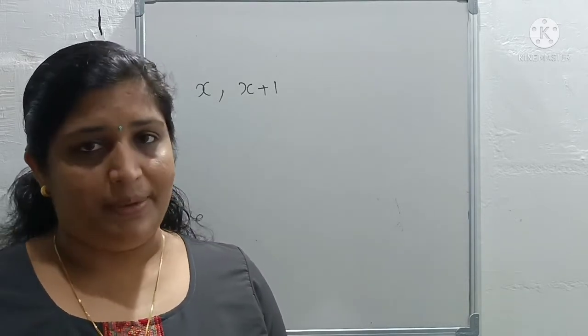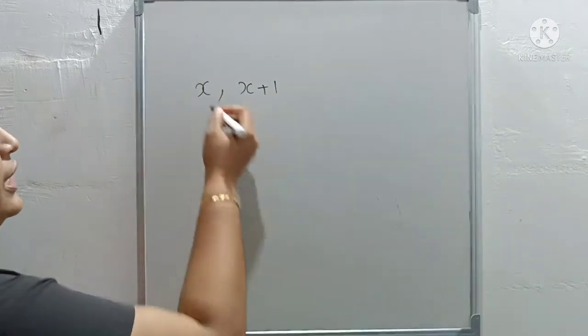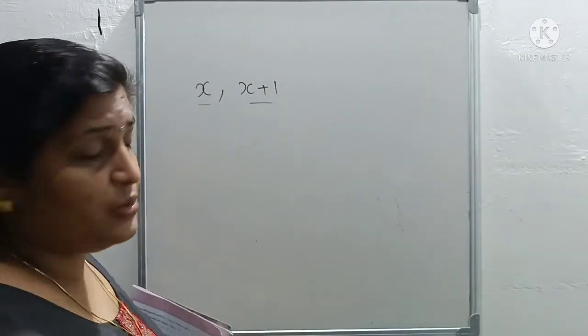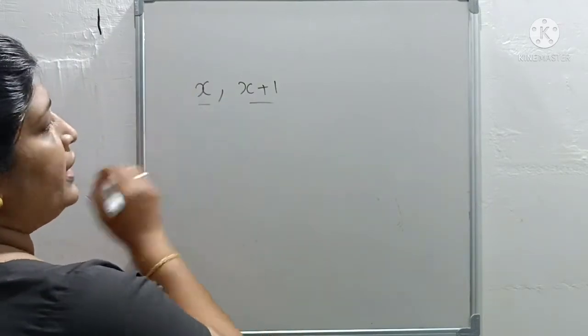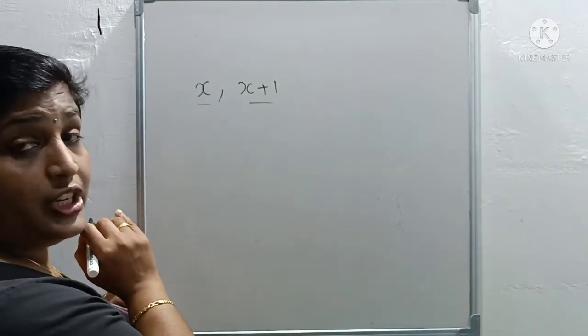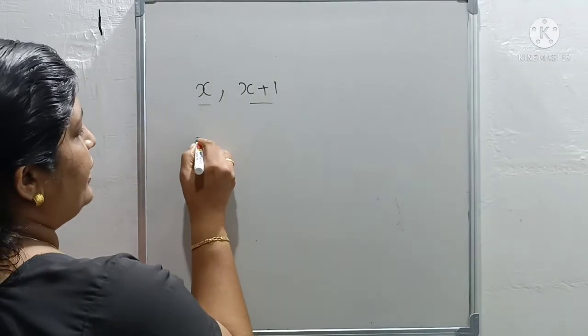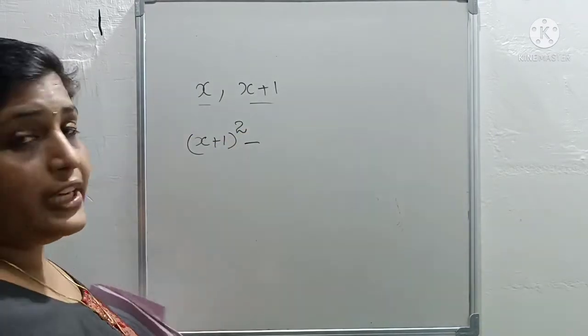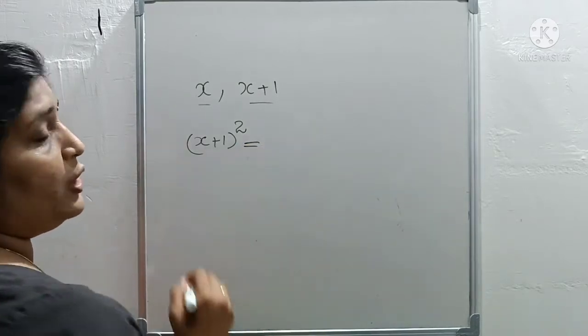So here we take two consecutive natural numbers, say x and x plus 1. Then what about the difference of their squares? For that, x plus 1 is the bigger number, so first we are going to find out x plus 1 whole square. What is x plus 1 whole square?